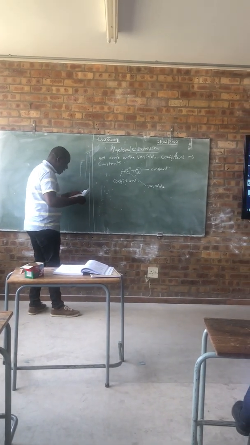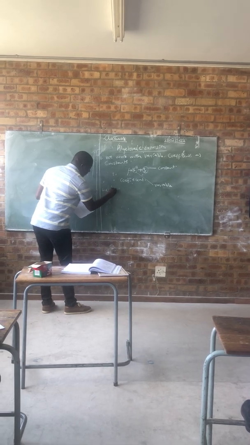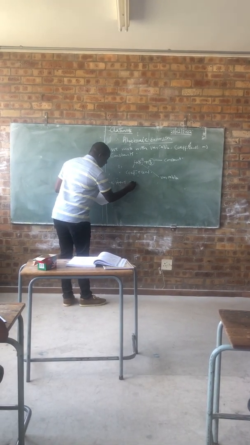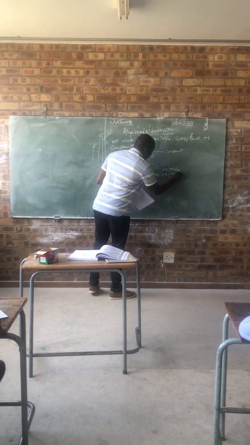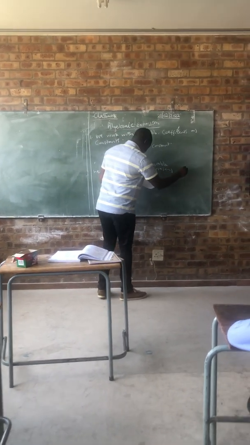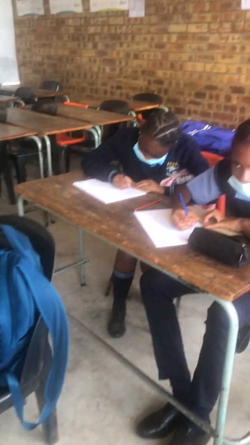Let's write it down: letters are used to represent numbers whose value is unknown, and that value can change.